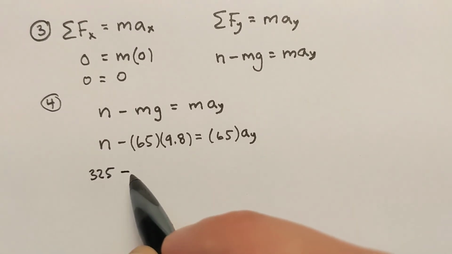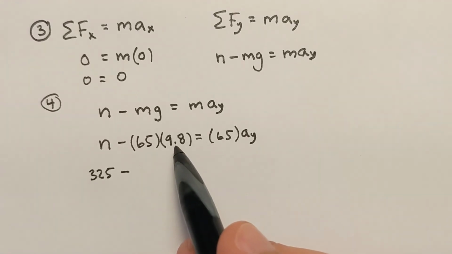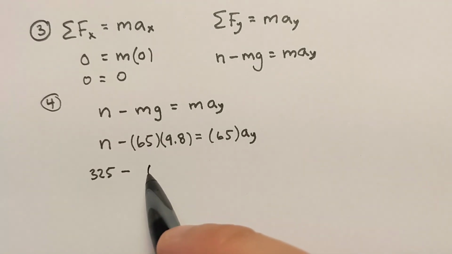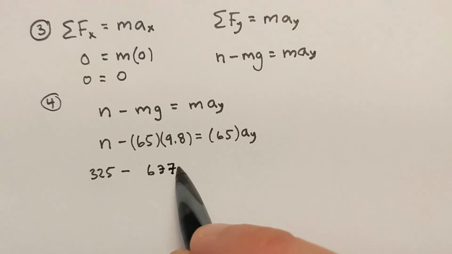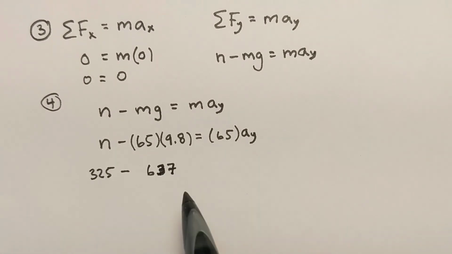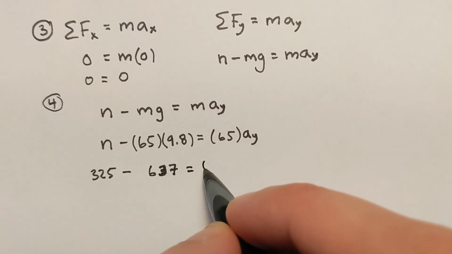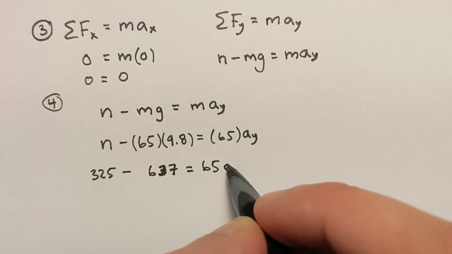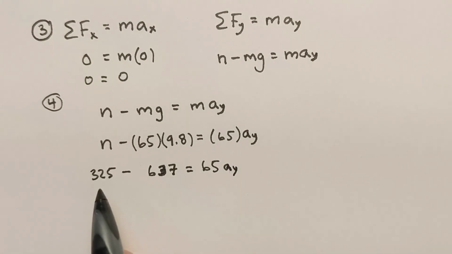325 minus 65 times 9.8 comes out to 637 newtons. And then this equals 65 times acceleration in y. Let's go ahead and solve this.